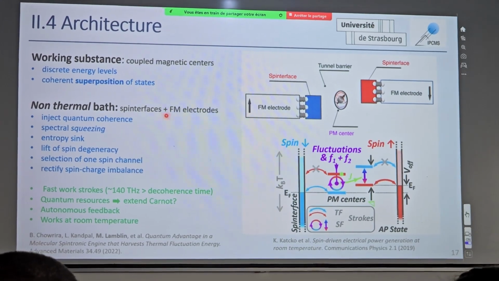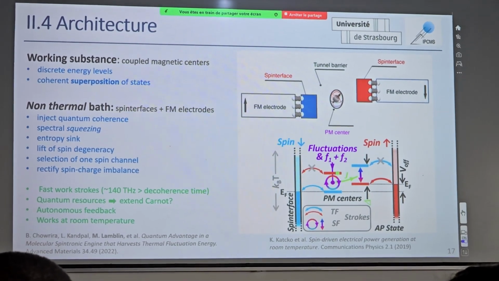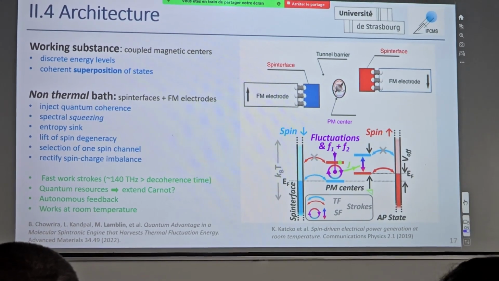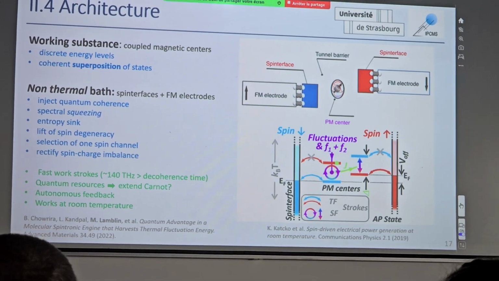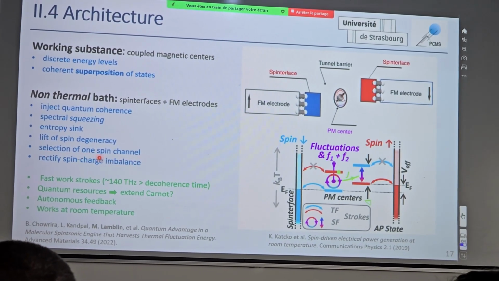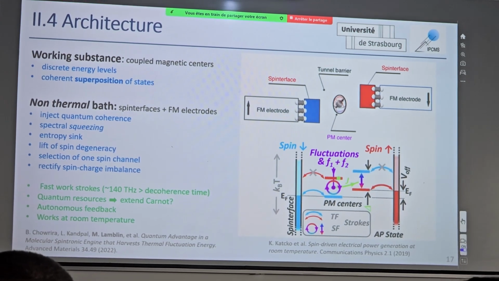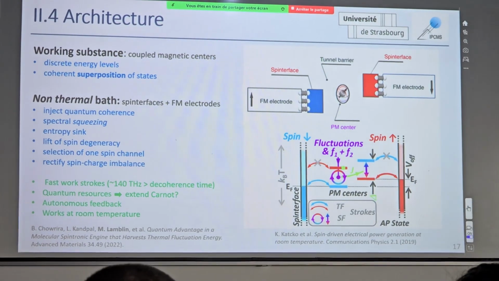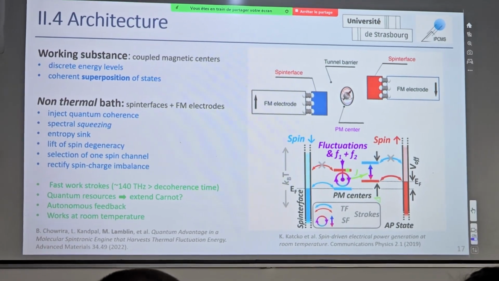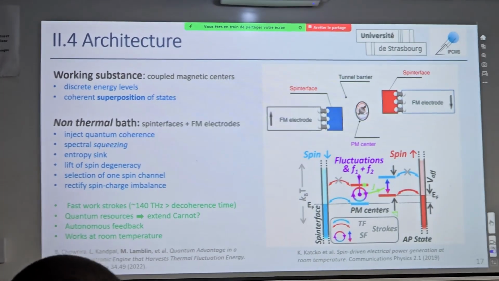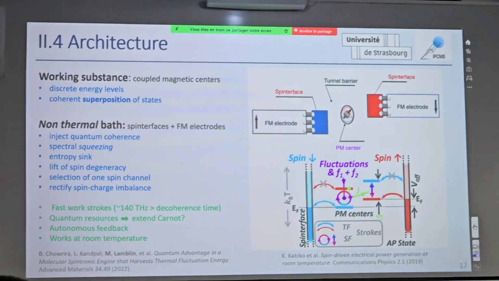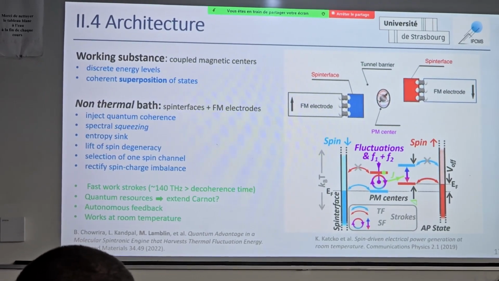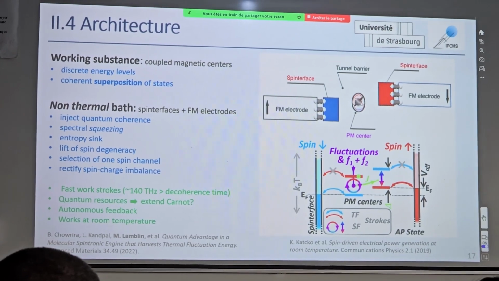And the effect of this combo is that it also lifts the spin degeneracy of the paramagnetic center trapped in the barrier. It can also select one spin channel and rectify the spin charge imbalance. And so finally, this device benefits from fast work strokes as it's all electronic, and it looks like it is based on quantum resources, such that it could extend the Carnot efficiency limits.